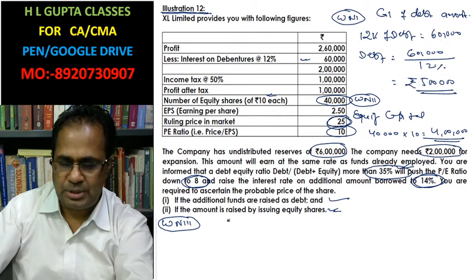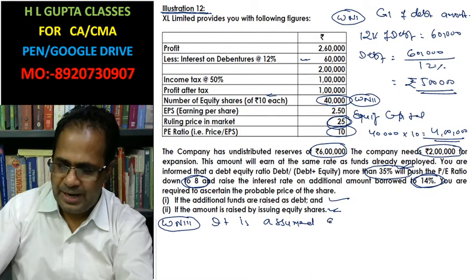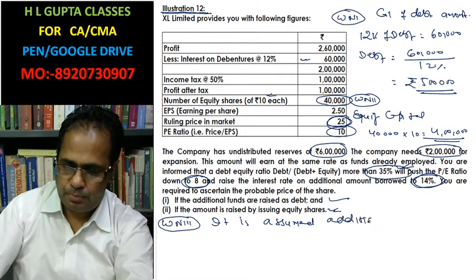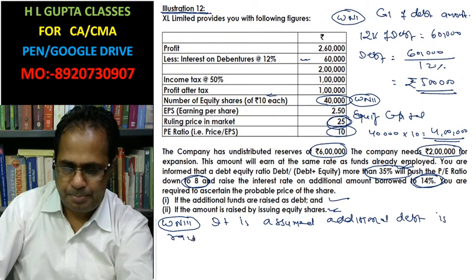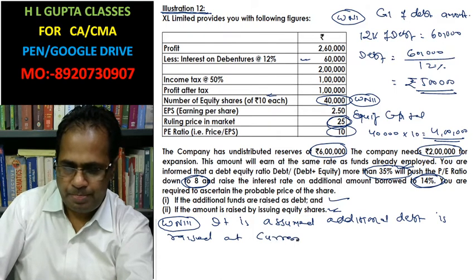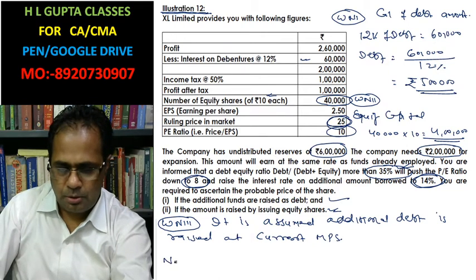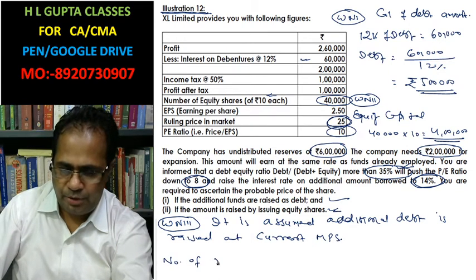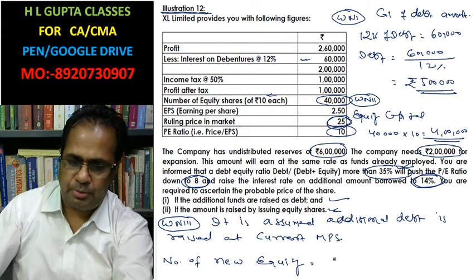Now, in the working note third, it is assumed that additional equity is raised at current market price per share. Number of new equity: what will be the number of new equity?